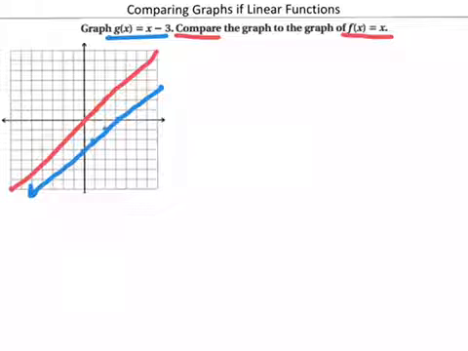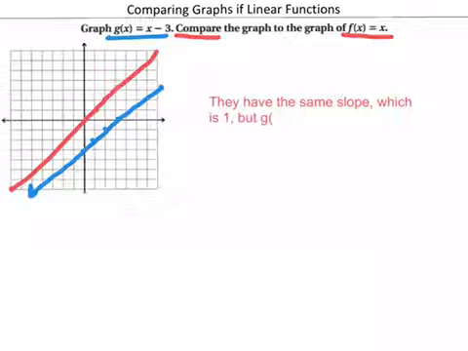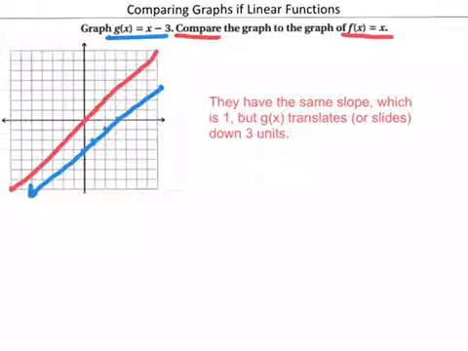So first off, I'm going to say they have the same slope, which is 1, but the g of x function translates, which also means slides, right, down 3 units.